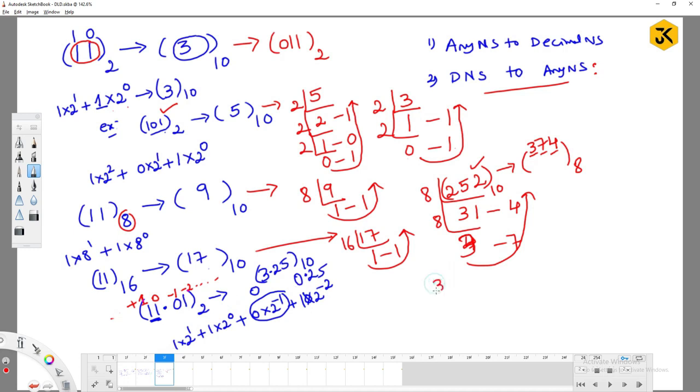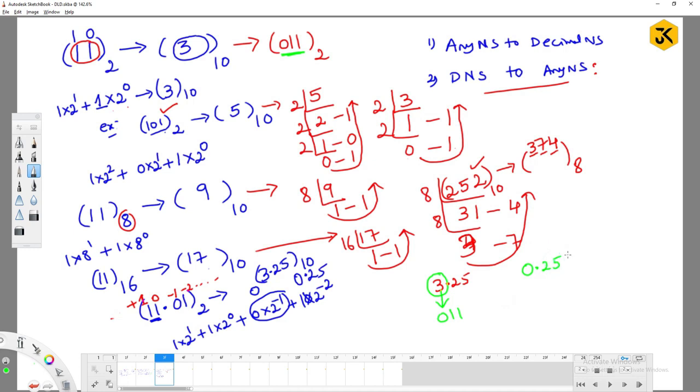So what about this one here? If we take 3.25 base 10 to the binary number system, what can you do? First complete the integer part 3. What is the respective binary value for the integer part 3? You have already calculated it: for 3 you get 0 1 1. Then take out the fractional part, that is 0.25.